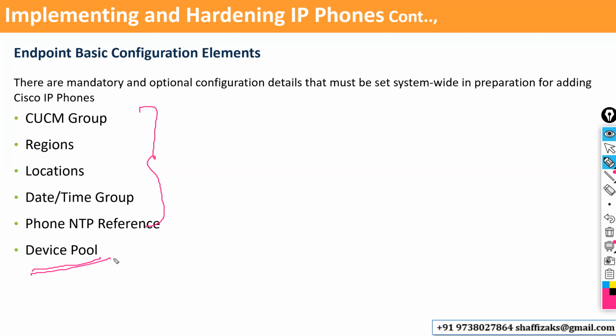If you remember, yesterday when we registered the IP phone, we selected the device pool, because under the device pool all these things come. Yesterday we selected the default device pool, and under it all the default configuration was there. Now we have to create a device pool here.